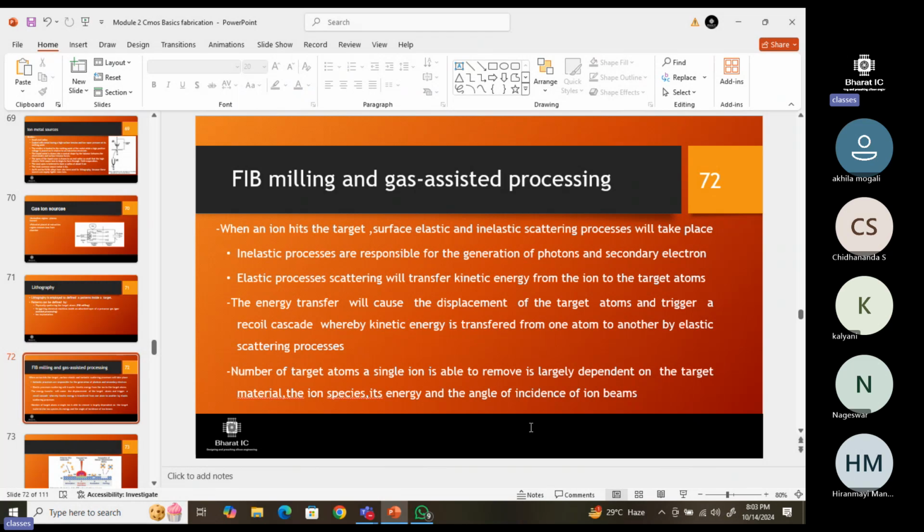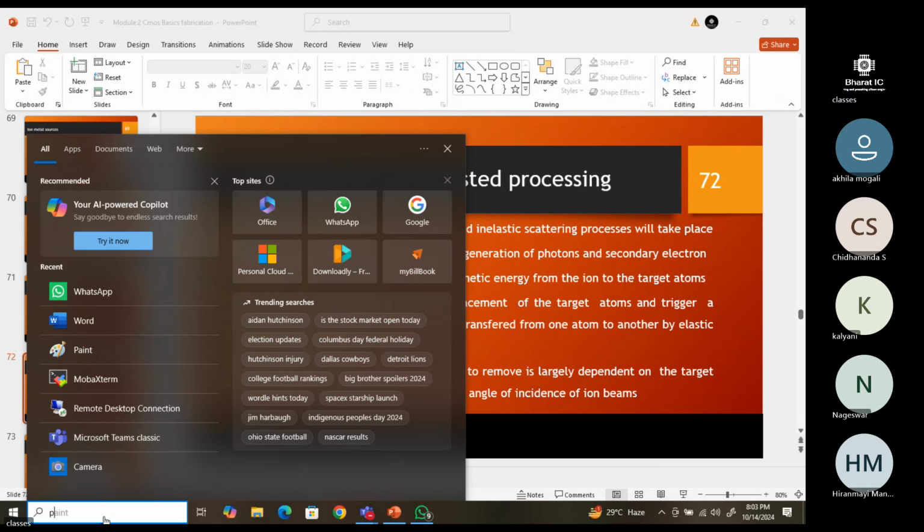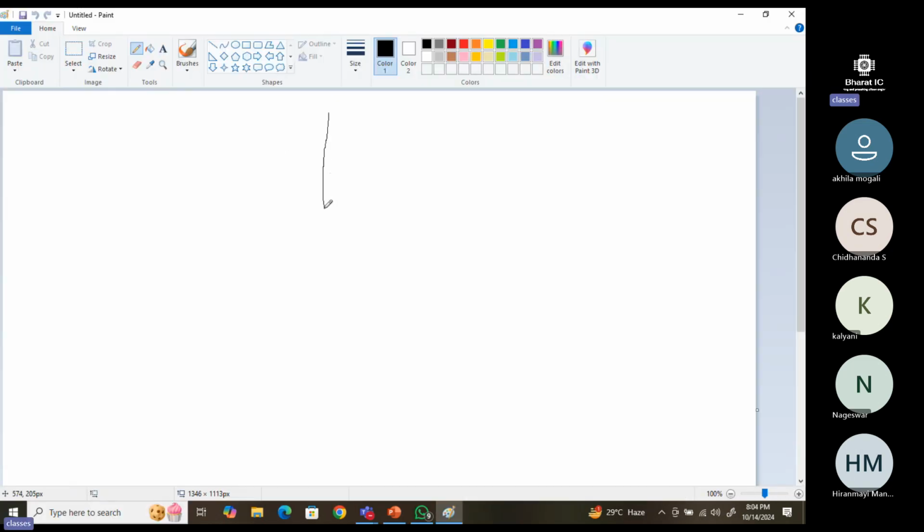Let me tell you how this happens, over the paint. When the ions are falling from this tip over this wafer, suppose a targeted atom is falling at this level.